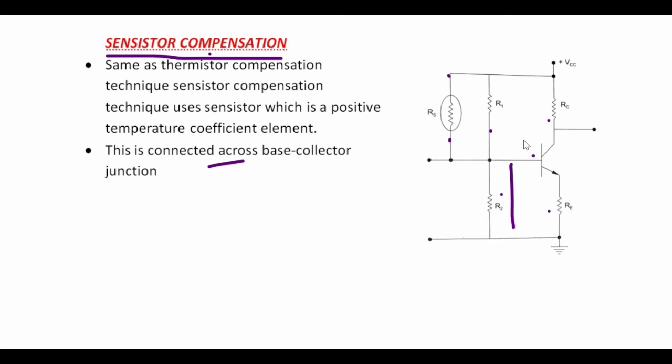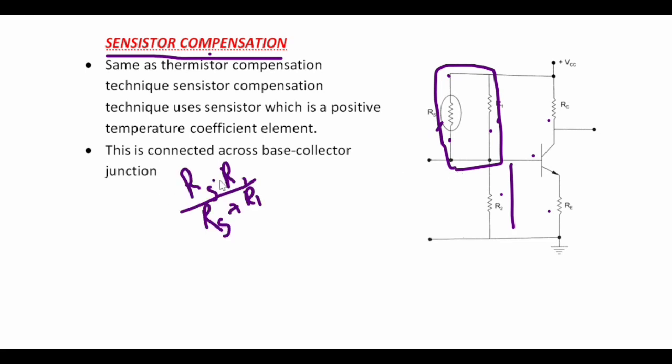Let us discuss how it works. As RS is a positive temperature coefficient resistor and R1 is a normal resistor, and these two are in parallel, the equivalent resistance offered by this parallel network will be RS into R1 by RS plus R1.